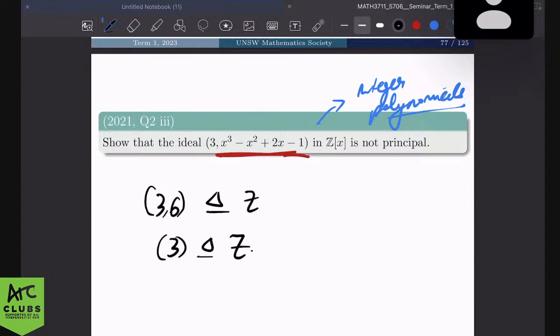Because 6 is unnecessary. It's like if you have a vector space made out of three elements, and two of them are linearly dependent, then one of them is useless. It's the same kind of idea. The 6 over here is useless. So it's not true that just because we've got two elements here, it's not principal. You have to show that it's not possible to rewrite this.